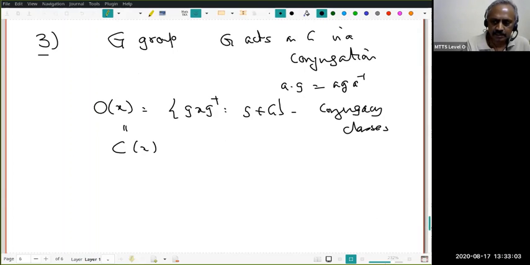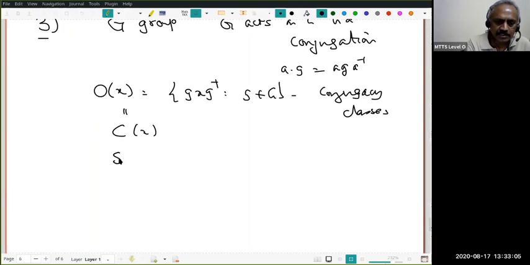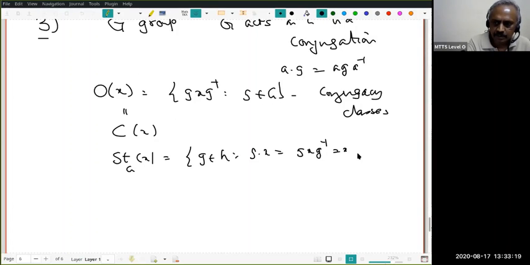Now you can ask what is the stabilizer of this. You had already seen it, but let me quickly recall. It is the set of g in G such that g dot x, namely g x g inverse, equals x. But this happens if and only if g x equals x g, that is, g must commute with x.